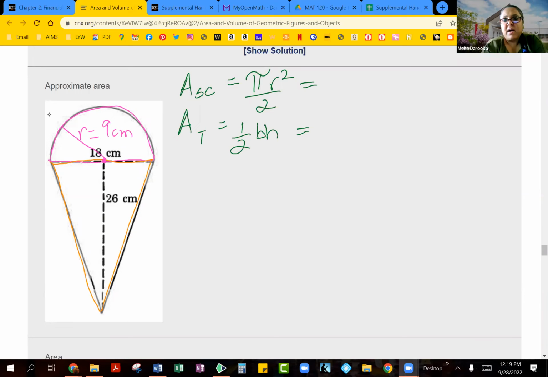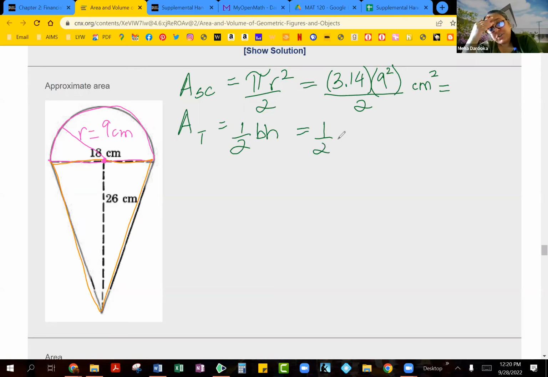Okay, Michael, let's verify that. So we will have pi as 3.14. The radius is 9. So this is going to be 9 times 9, or you can, of course, write it as 9 squared. Then you divide the total answer by 2, and this will be in square centimeters. For the triangle, guys, what is our base measurement and what is the height? Okay, Amanda, I see your answer.